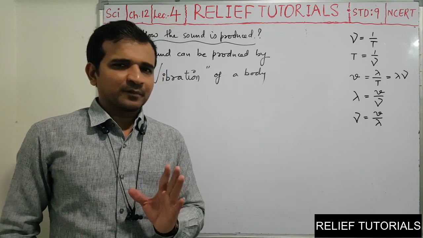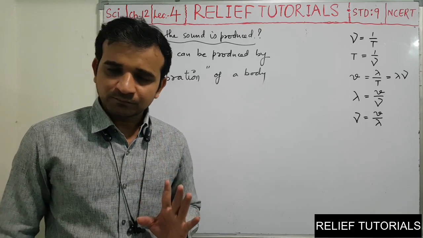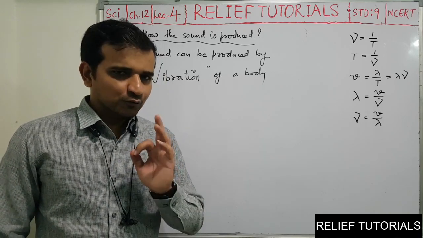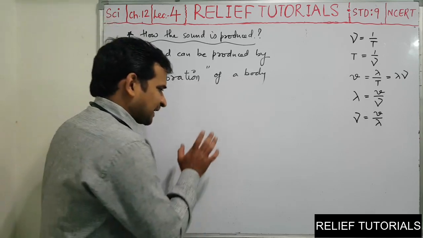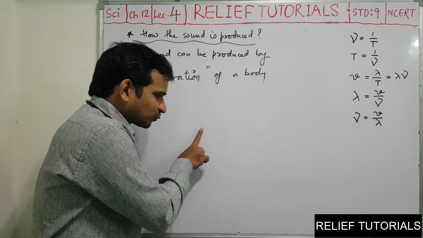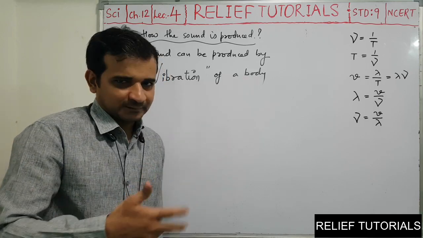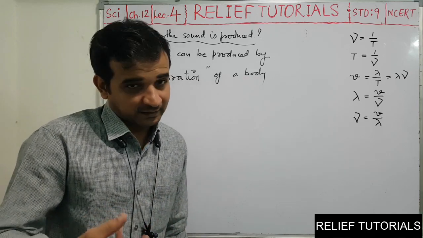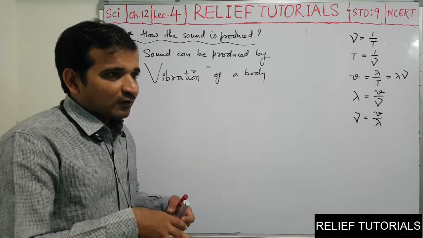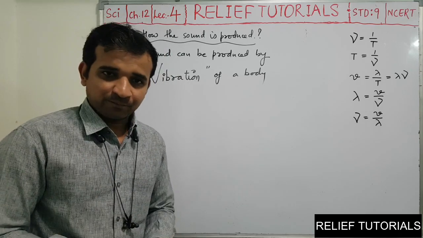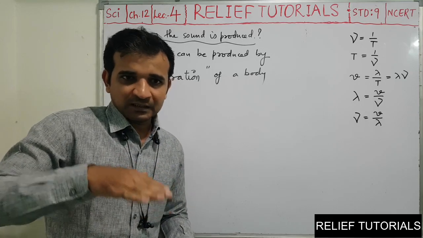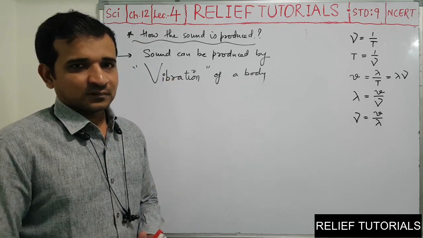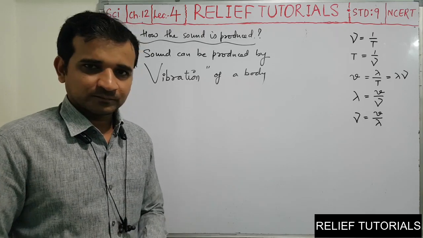Something should get vibration to produce sound. When I tap the board, the molecules of this body start vibrating, start oscillating, and that is why it produces sound. When we play tabla, the skin of the tabla starts vibrating, so it produces sound.